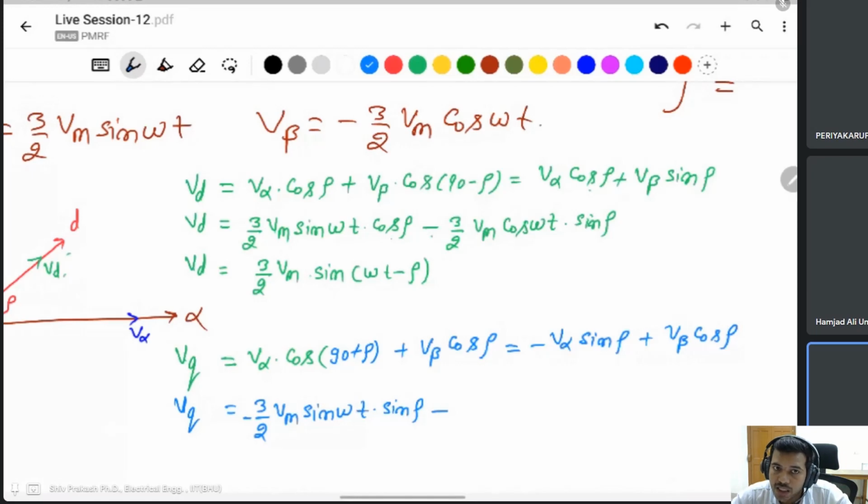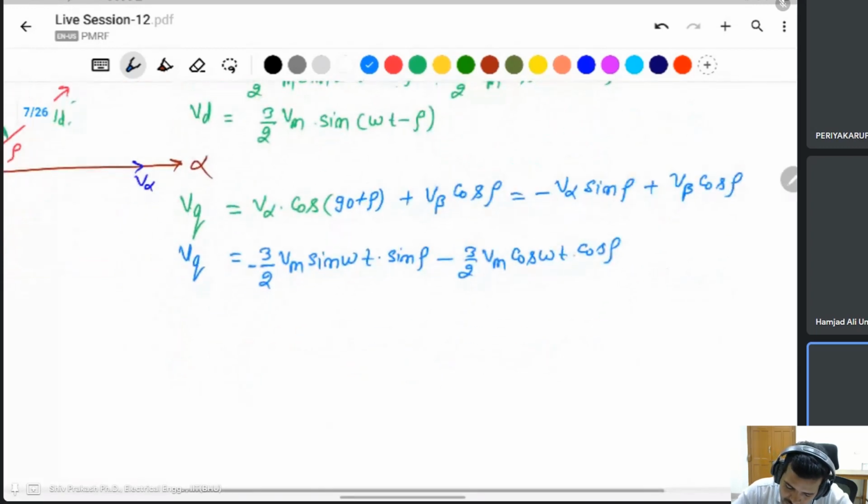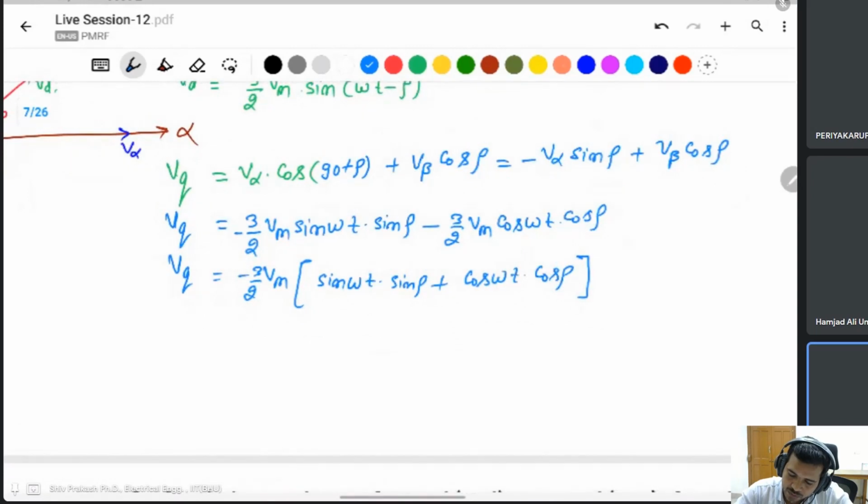V beta is minus 3 by 2 Vm cos omega t, so this will also be minus 3 by 2 Vm cos omega t into cos rho. You can take minus 3 by 2 Vm common, leaving sin omega t sin rho plus cos omega t cos rho. This is cos A cos B plus sin A sin B, which is cos of A minus B. Then Vq is equal to minus 3 by 2 Vm cos of omega t minus rho.